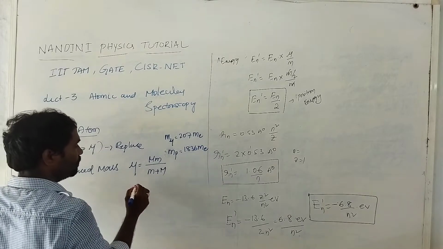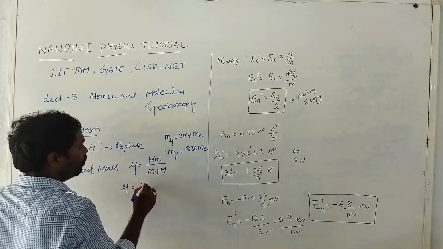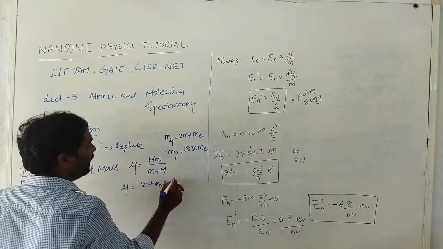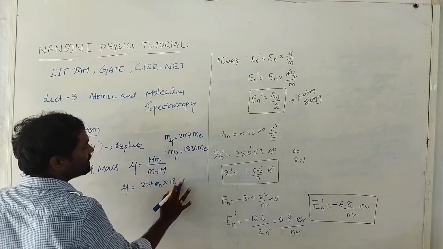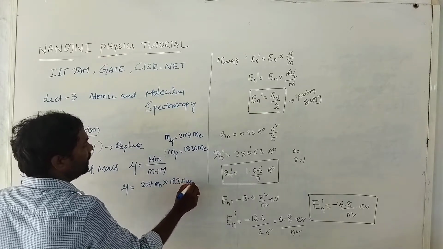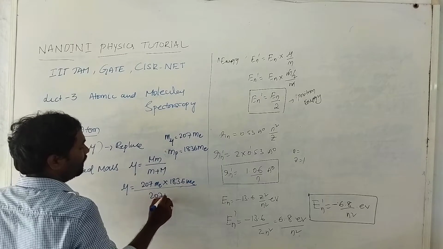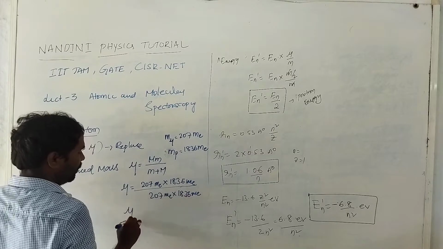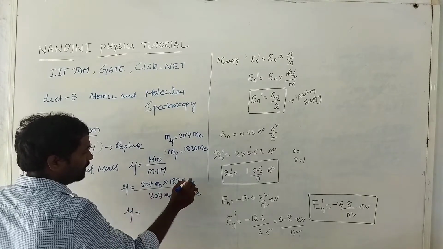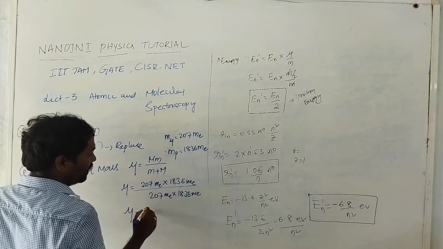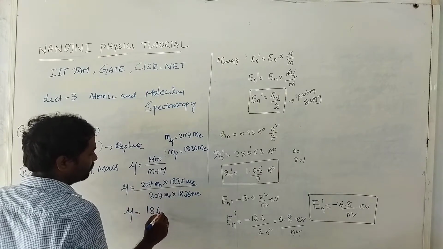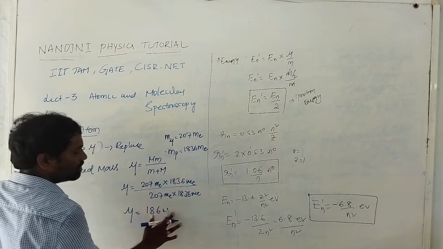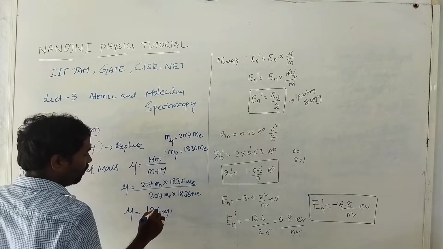So I want to find the reduced mass. Mu is equal to 207 Me into 1836 Me divided by 207 Me plus 1836 Me. So you will get the reduced mass mu, which is approximately 186 times the mass of the electron.